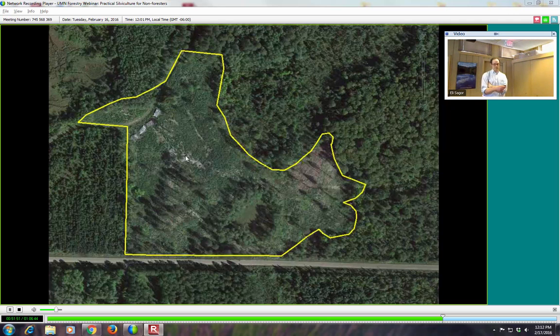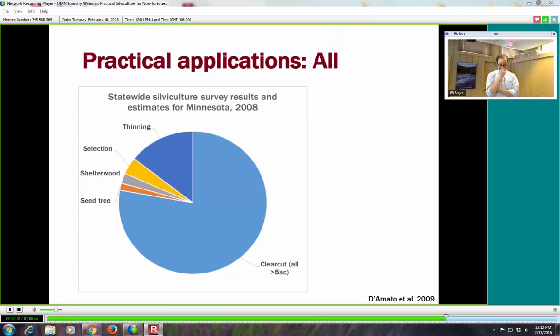And I said before, the guidelines recommend leaving leave trees in a variety of configurations. Recommended that they generally be clumped, but sometimes they're scattered depending on what you have to work with. And so we see more and more clear cuts like this than what we think of perhaps as a large-scale, wide-open clear cut.